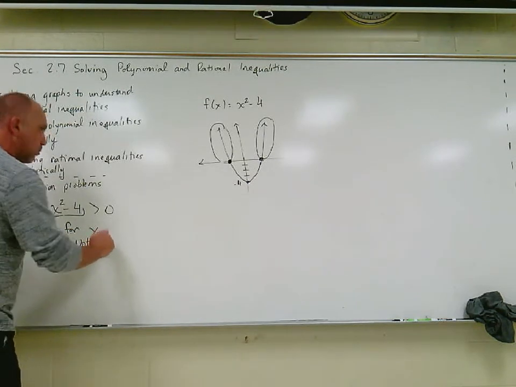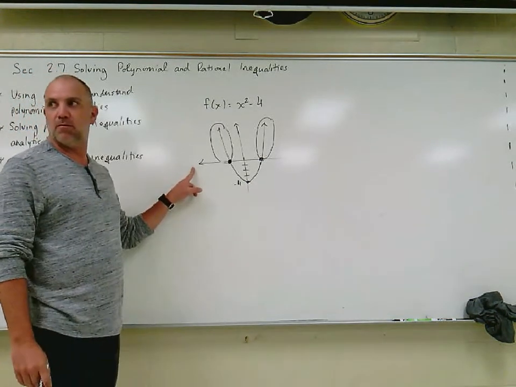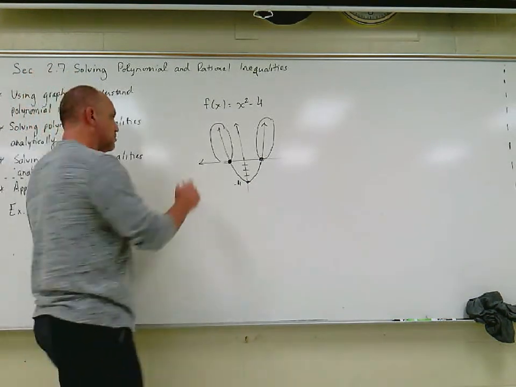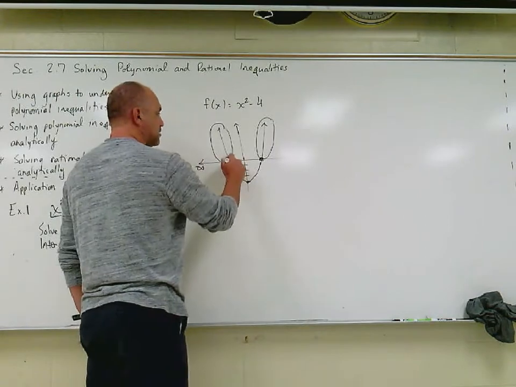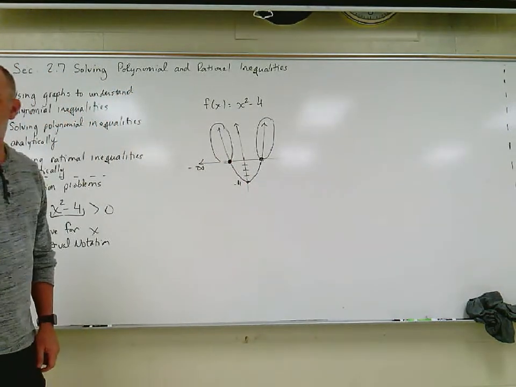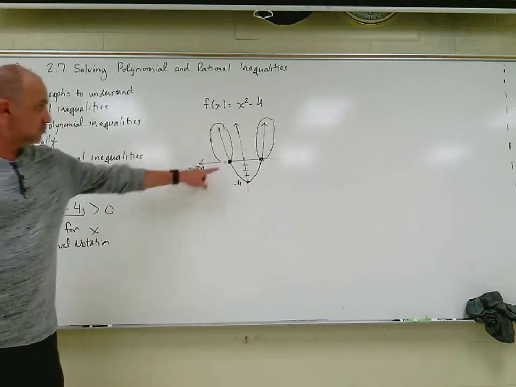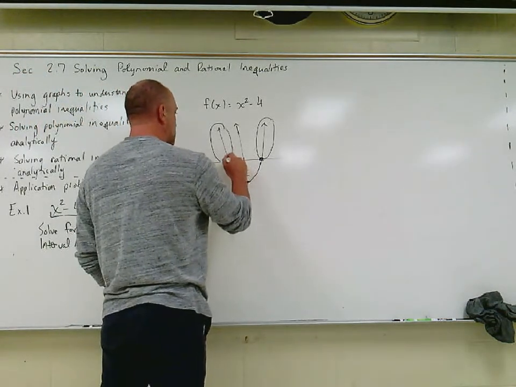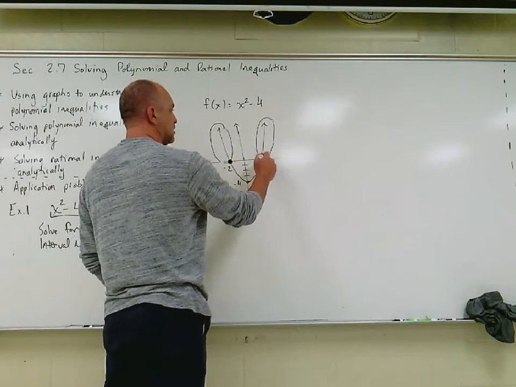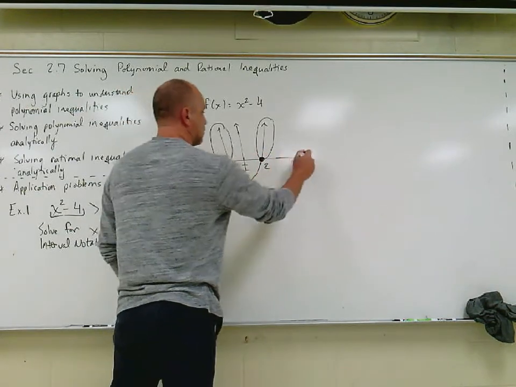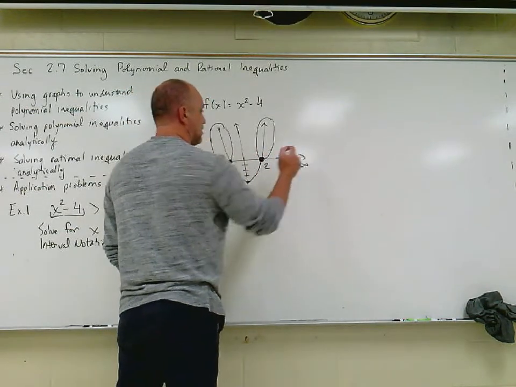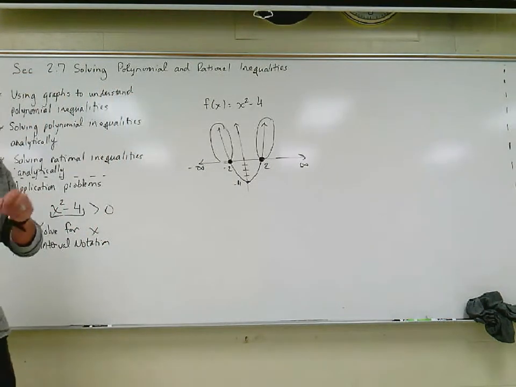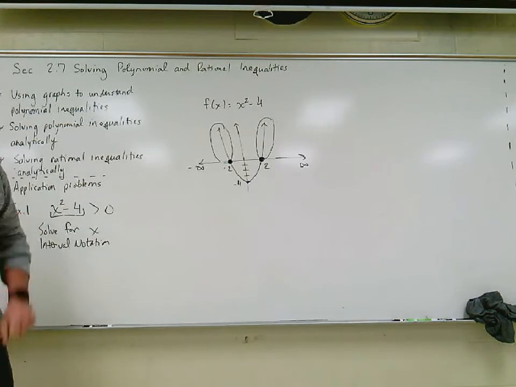So what x is way out here? What x is this? That's -2, hopefully you would see that. What x is way out here? Infinity. So the graph is greater than 0 for what x's?